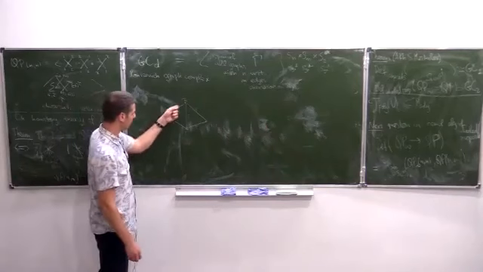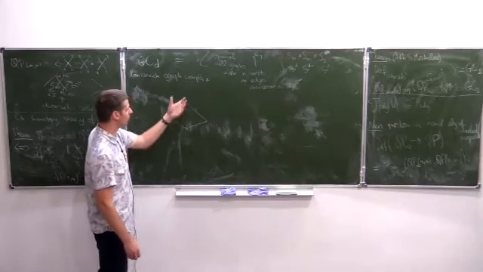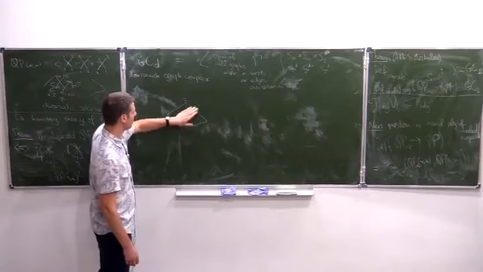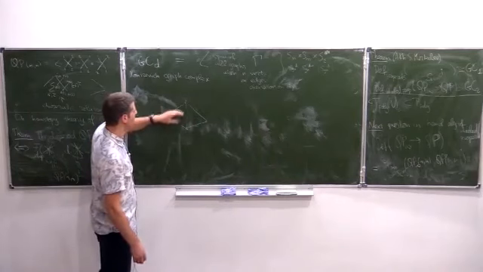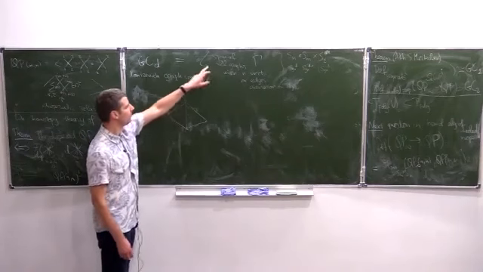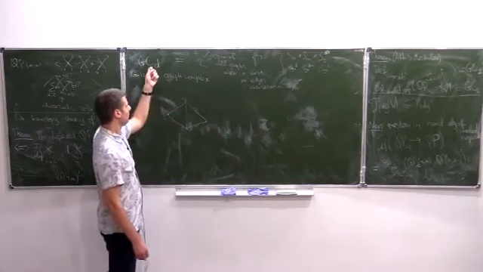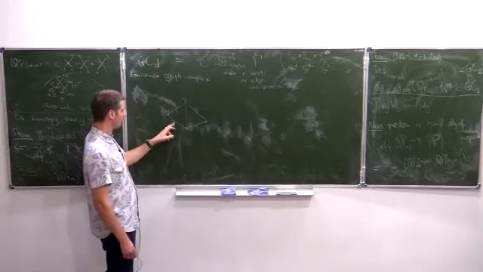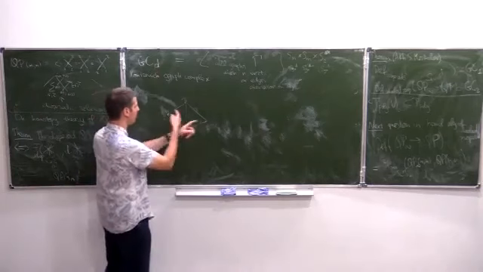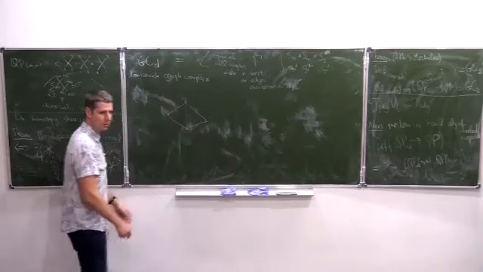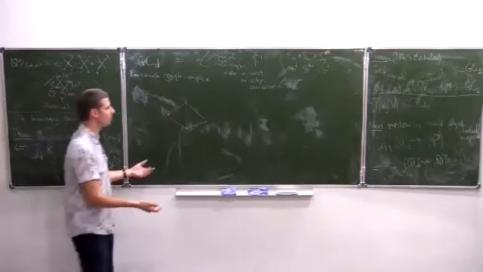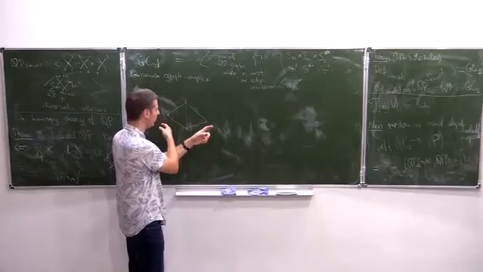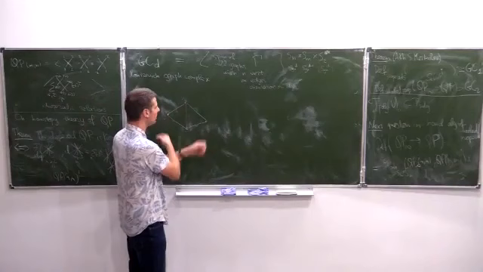So what you can do is look at a graph and erase all possible numberings, and this gives you an element in this graph complex. Maybe this will be 0, because, for example, this kind of symmetry says that this graph is the same as the graph with a minus sign.